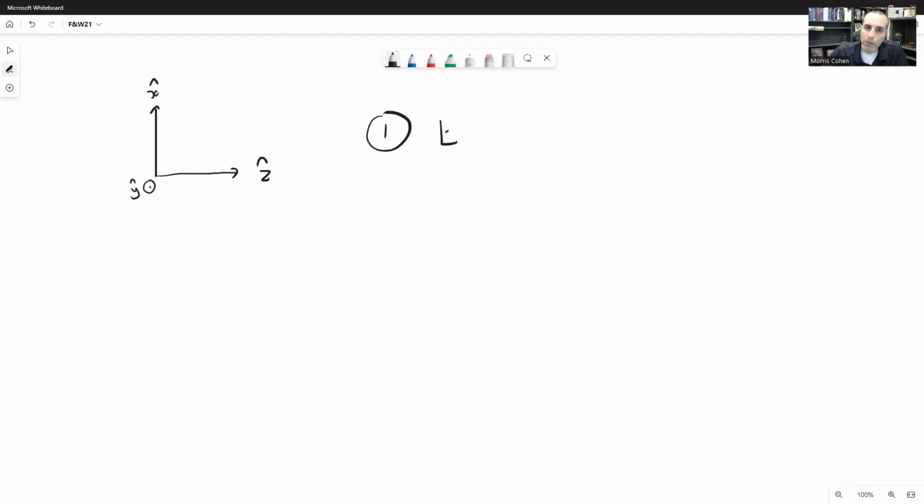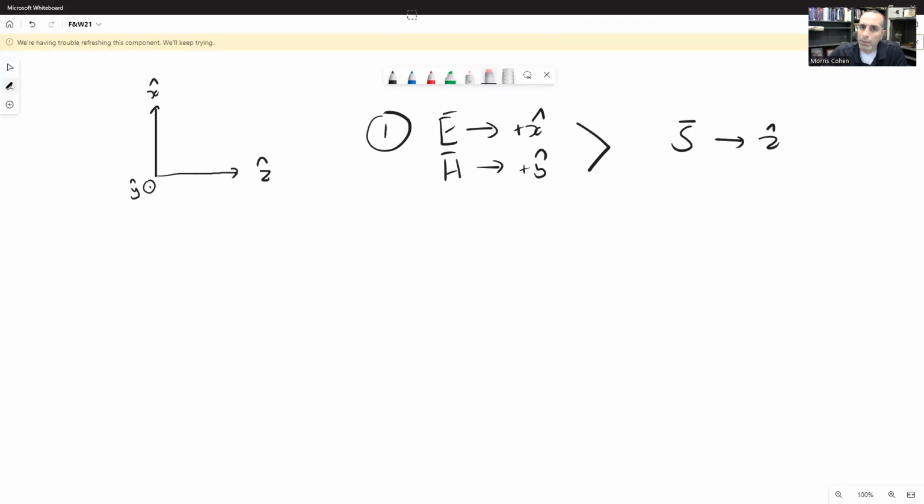The first is the electric field is in the positive x direction. The magnetic field is in the positive y direction, in which case the direction of propagation, the k vector, or if you prefer, the pointing vector, is in the positive z direction. Let's get rid of the k and keep that as an s. So that's one way to orient the wave.